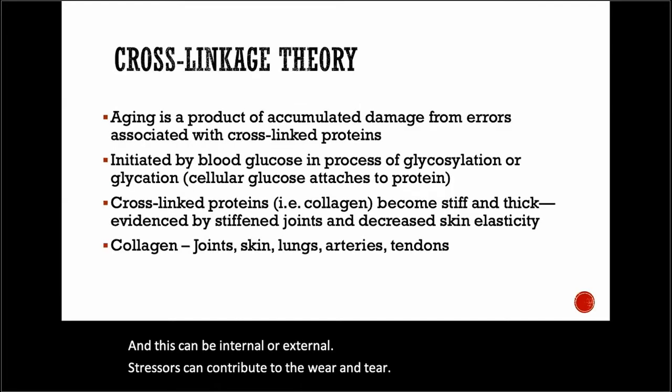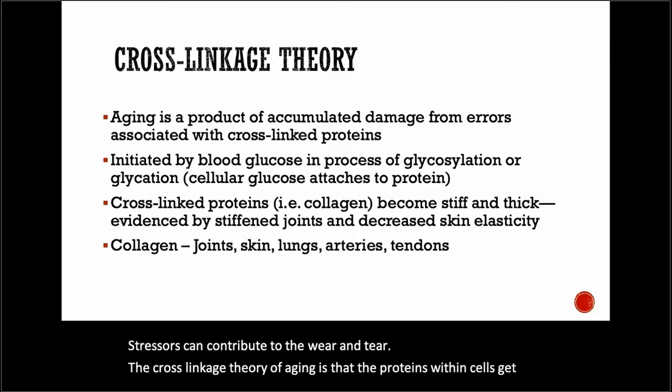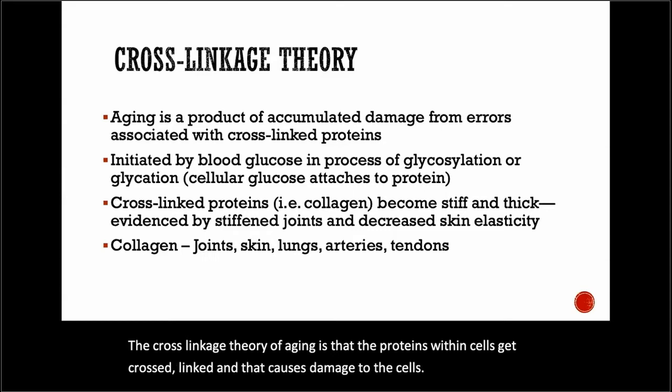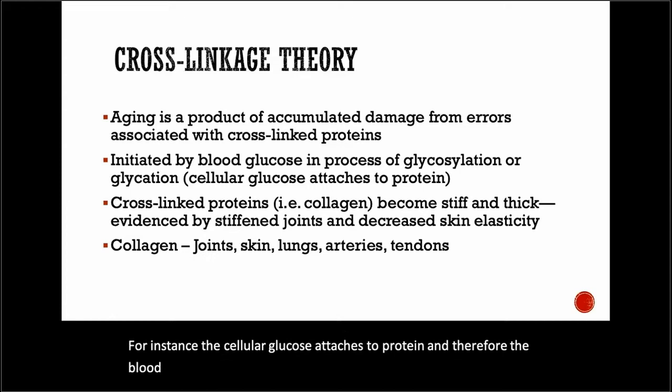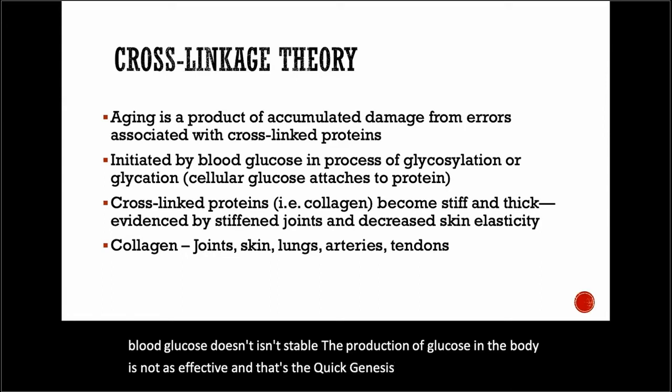The cross-linkage theory of aging is that the proteins within cells get cross-linked, and that causes damage to the cells. For instance, the cellular glucose attaches to protein, and therefore the blood glucose isn't as stable. The production of glucose in the body is not as effective. That's the gluconeogenesis also, in the liver.